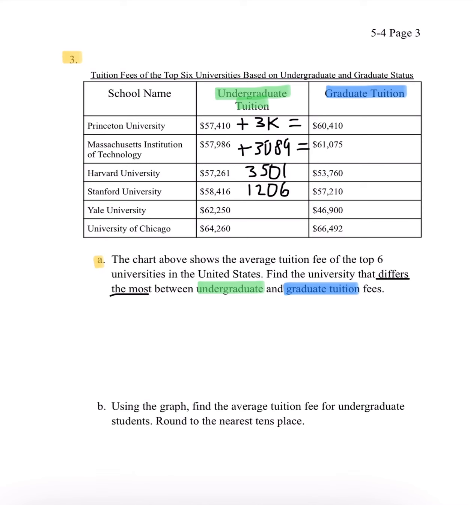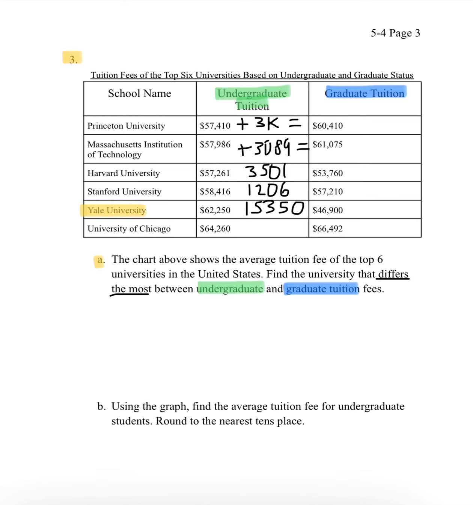So next we're on Yale. Yale's undergraduate is $62,250. And the graduate is $46,900. So that is actually $15,350 of a difference. So that right now is our biggest difference.